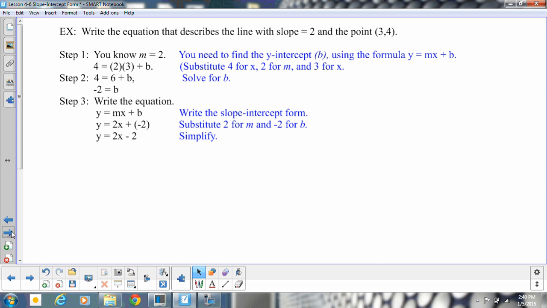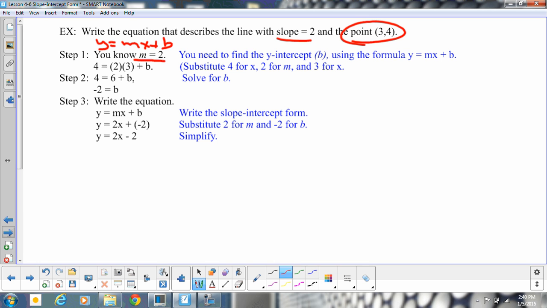All right, now we're going to write an equation given the slope and a point. So we're given the fact that the slope is 2, and we have a point 3, 4. Here's how we're going to find the y-intercept. We're going to use the formula y equals mx plus b.